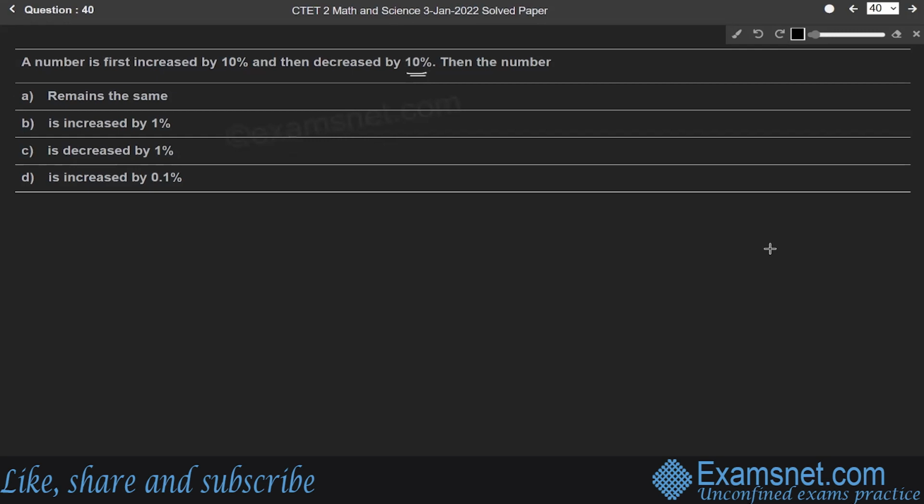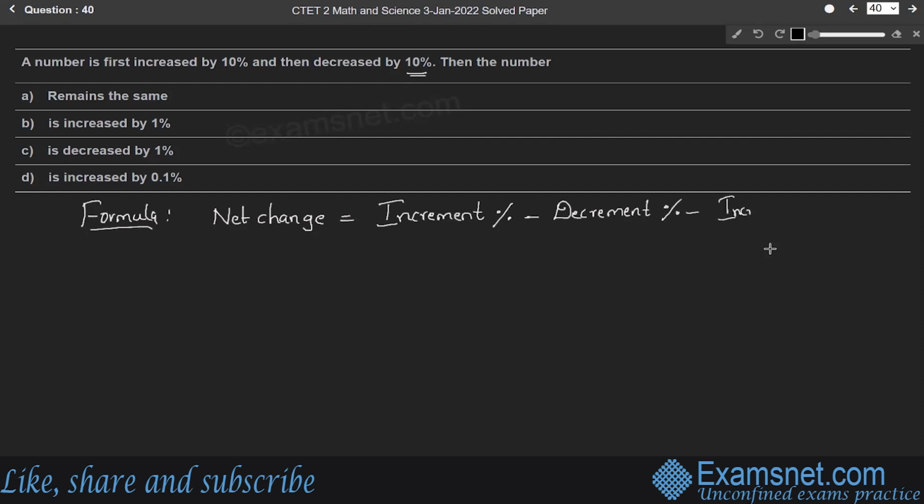So here we are using the formula: net change, meaning net change in the number, is equal to increment percentage minus decrement percentage minus increment into decrement divided by 100.